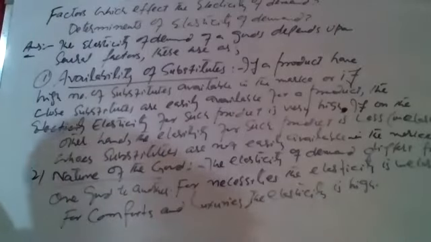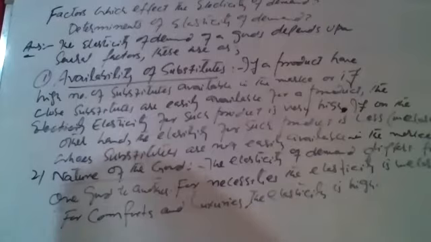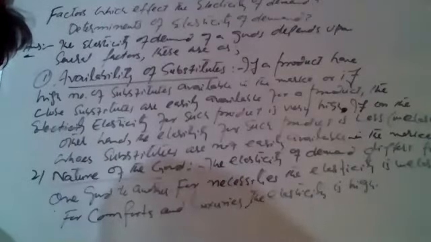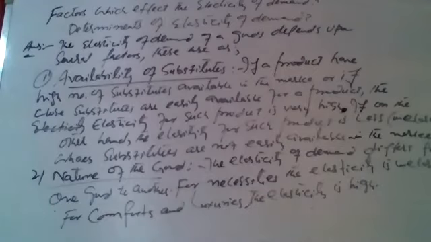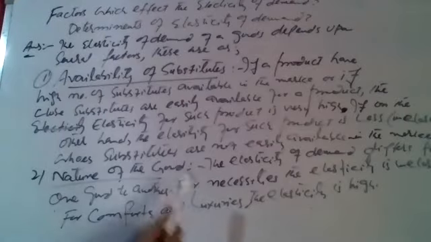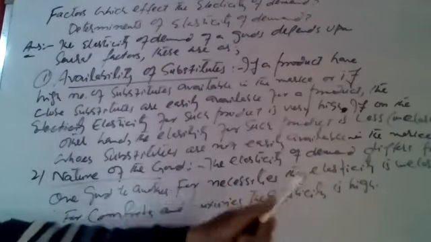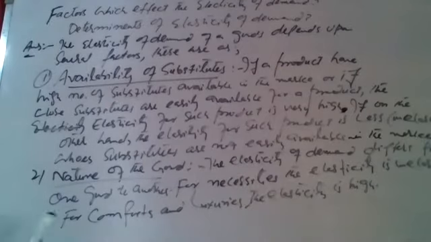That is why elasticity of demand is less. इसी तरह the elasticity of demand differs from one good to another good. For necessities, the elasticity is inelastic, and for comforts and luxuries, the elasticity is high.